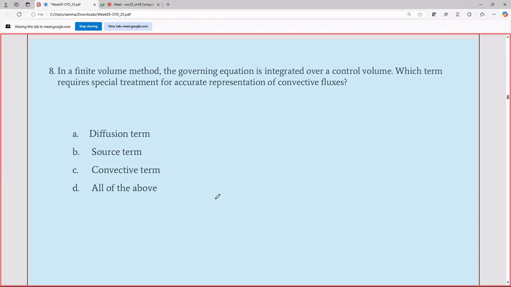Options are option A, diffusion term, option B, source term, option C, convection term or convective term, option D, all of the above. Which among the following requires special treatment for accurate representation of convective fluxes?